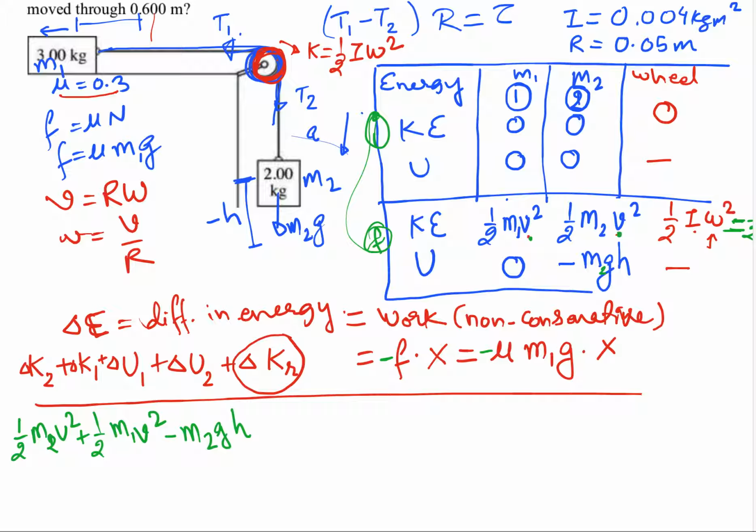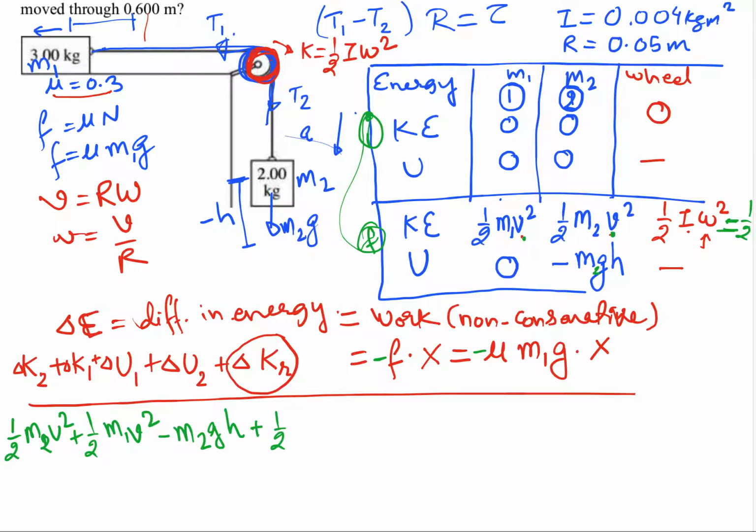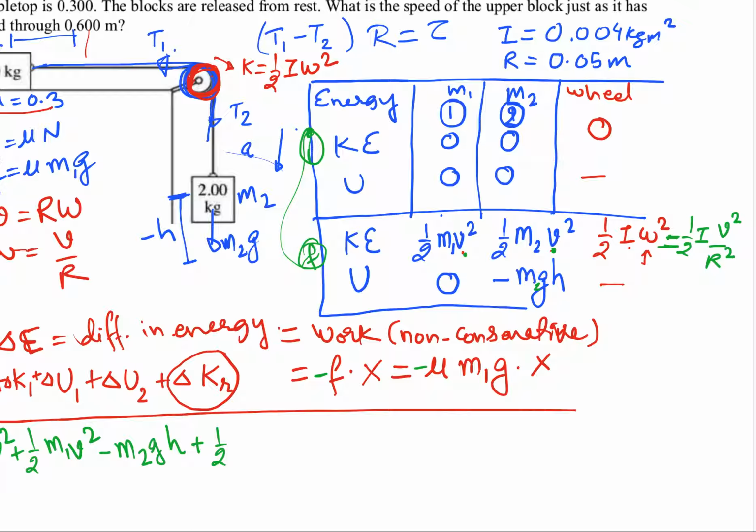But I also have the change in rotational kinetic energy, and that's basically half I omega square. Omega is v over r, so that's going to be half I v square over r square. That's half I v square over r square equals minus mu, that is the work done by the non-conservative force.